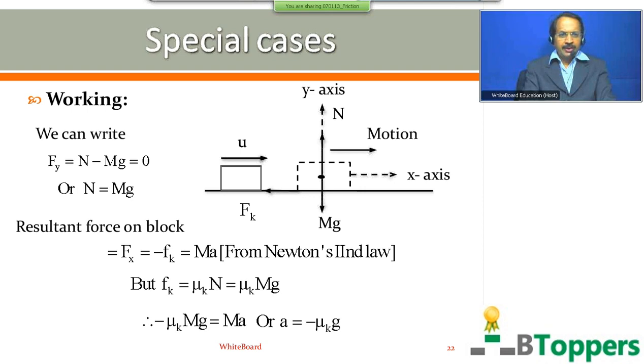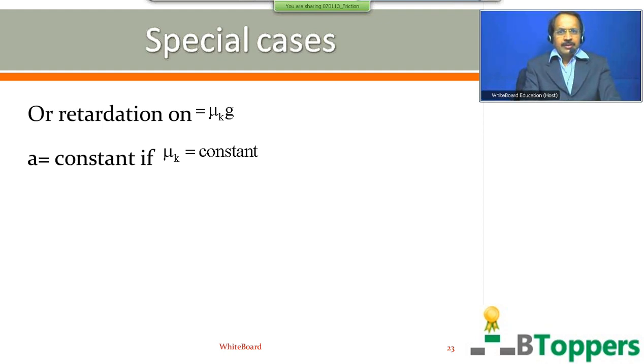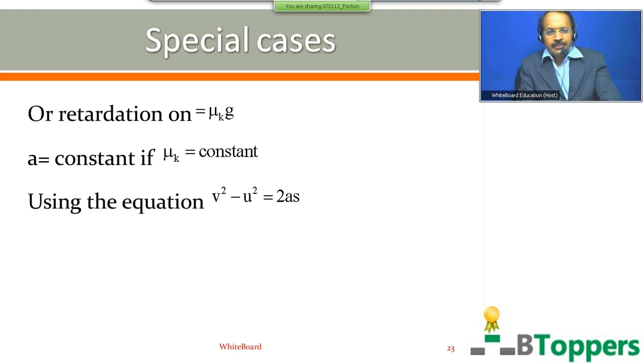I would like to show you the continuation of the working. You can write retardation equal to μk into g. You can say that acceleration a is constant if μk is constant.